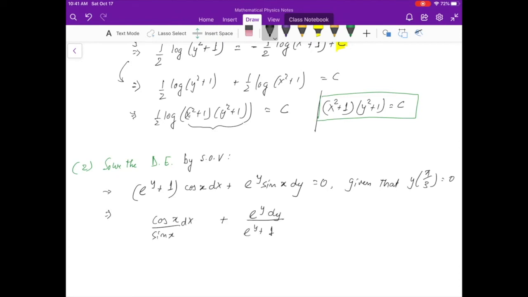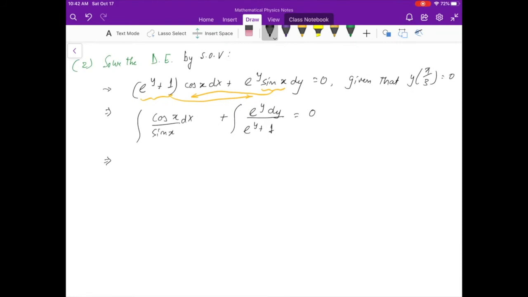So cos x by sine x dx is a term which only involves x, and e to the power y by (e to the power y plus 1) dy is a term which only contains y. The arrows marked over here make sure that you understand how the switches happen. We just need to take it from that side and do an integration.